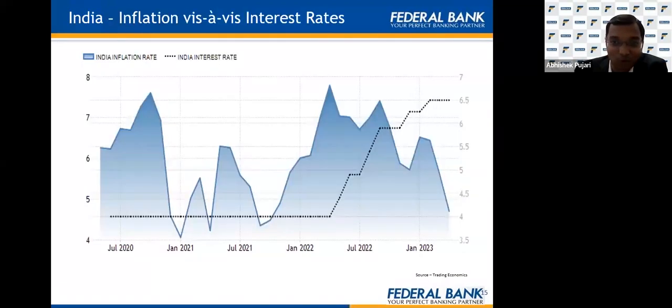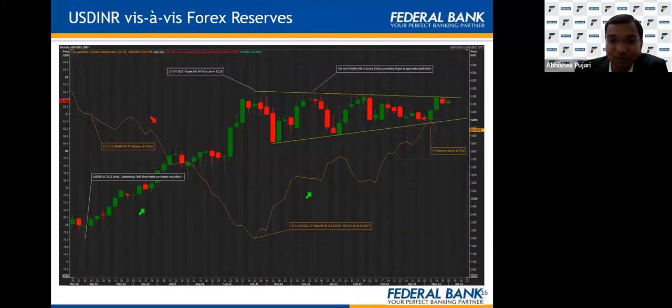Let me just come to the dollar rupee chart. As we have seen, if this particular triangle breaks at its vertex, we will see this entire move happening over here, which goes to almost 84.5 levels. Plus, if there are negative sentiments getting created in the market, and rupee historically being a depreciating currency because of its higher inflation and higher interest rate as compared to the US, it has to depreciate in coming years as well.